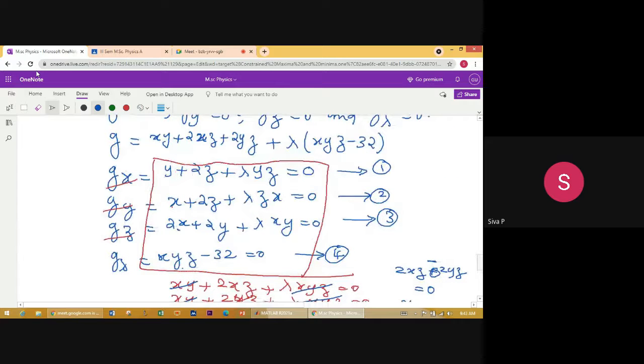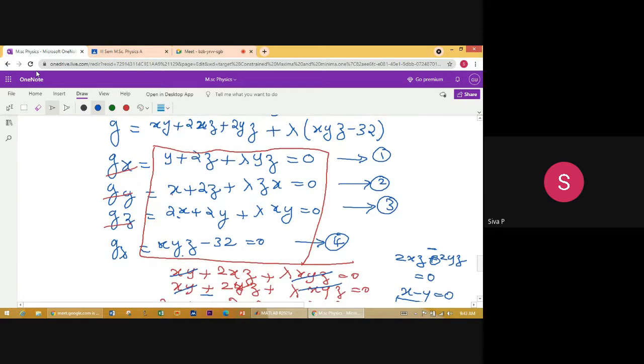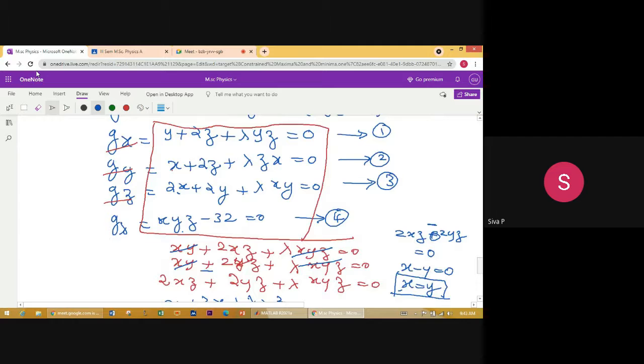Then what is z? Sir, xyz is equal to 32.